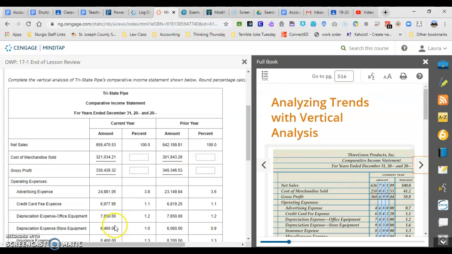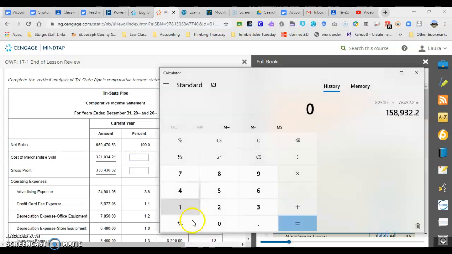Okay, so we're going to take a look at this cost analysis here. Remember that if we're going vertical, it's always comparing items within a vertical line. To find the cost of merchandise sold percentage, we take this number divided by your net sales.